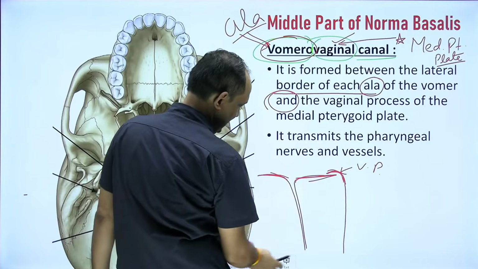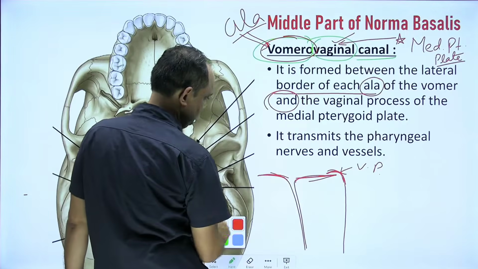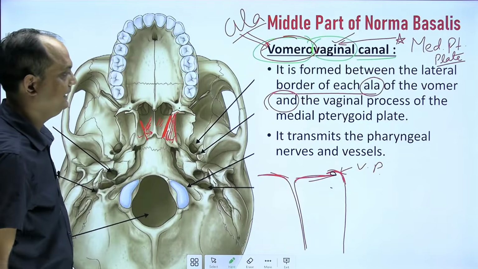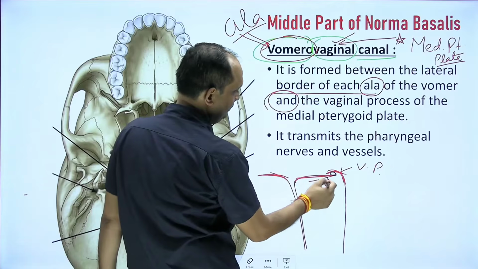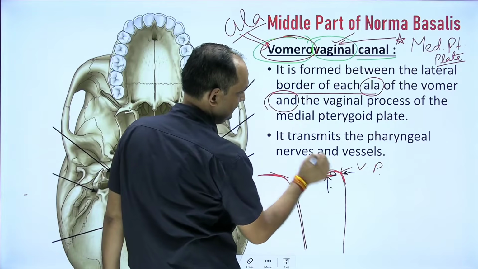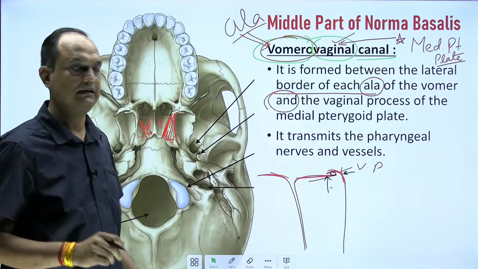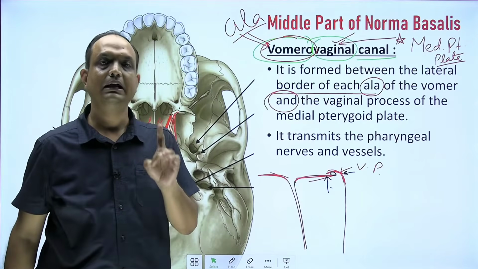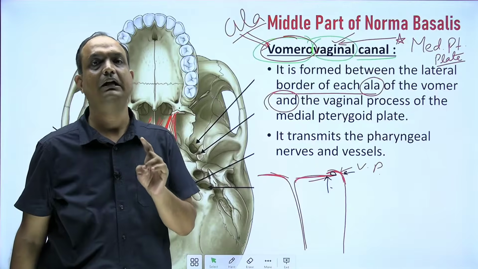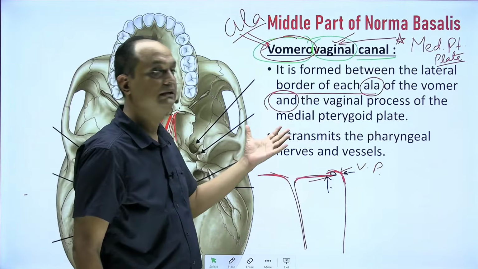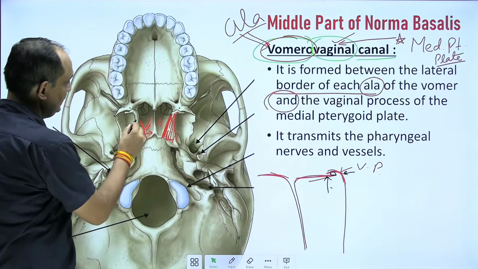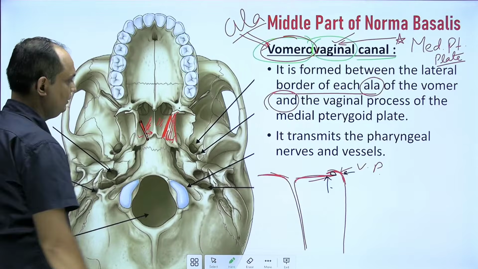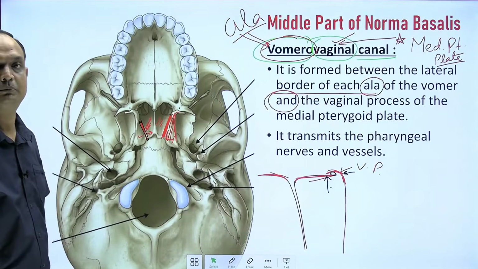Now in between them you will find an opening. This is your canal. What is that canal known as? Vomerovaginal canal. Clear? I hope it is clear to you that when you are having the dry skull, and if somebody asks you to locate the vomerovaginal canal, you have to locate it here along the lateral border of ala of the vomer bone.